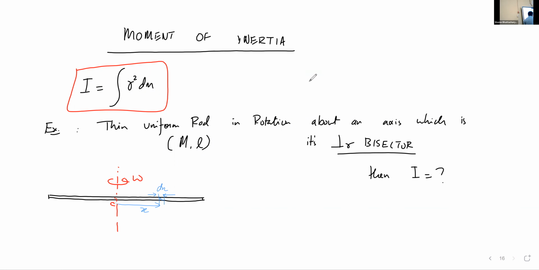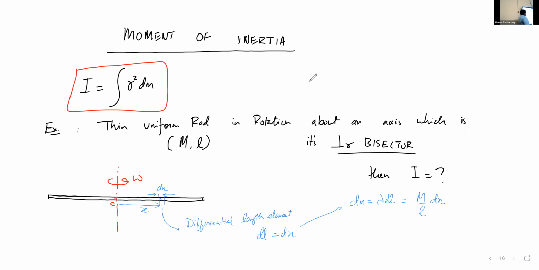So for this element, what we can call the differential length element, it has a differential length, which we have written over here as dx, and therefore it will have a differential mass. So we'll replace lambda with m by l, and we'll write its mass as this.